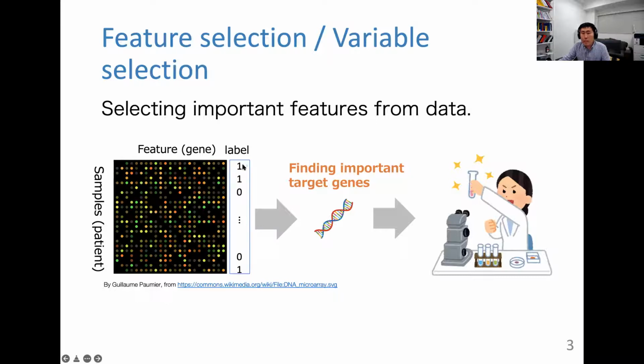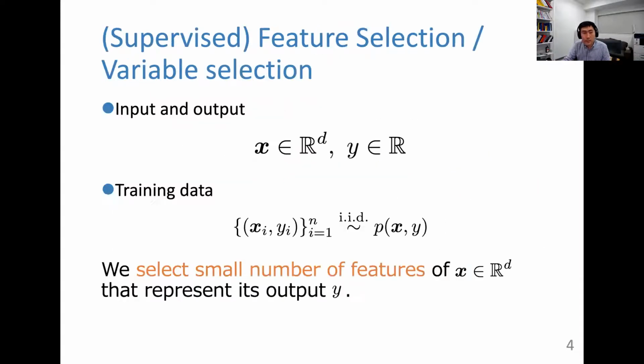This label could be, for example, that this patient has cancer or is non-cancer. Then we want to know which genes are important. If we can find important genes, then we can maybe do drug discovery in the end. So this is just a feature selection problem. Feature selection is basically selecting the columns of this data matrix by using this label information. This is a supervised version of it. So this is one way to select the set.